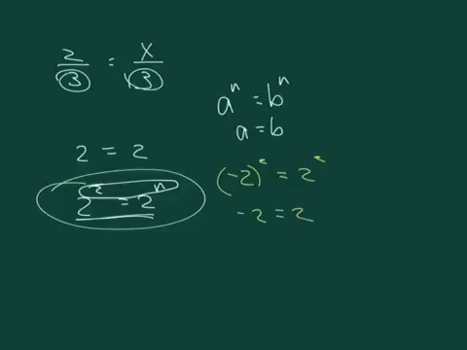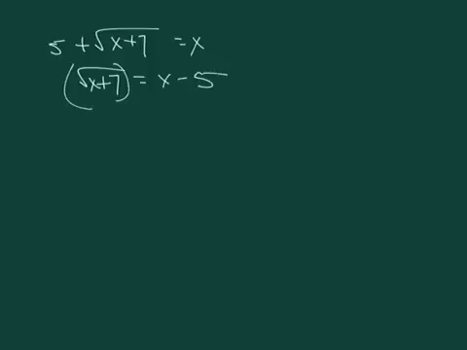All right, so let's look at an example. Example number 3 here. It says 5 plus the square root of x plus 7 equals x. All right, first thing we want to do is isolate the radical. We want to get the radical all by itself on one side of the equal sign. Okay, so we do that. Then we square both sides.